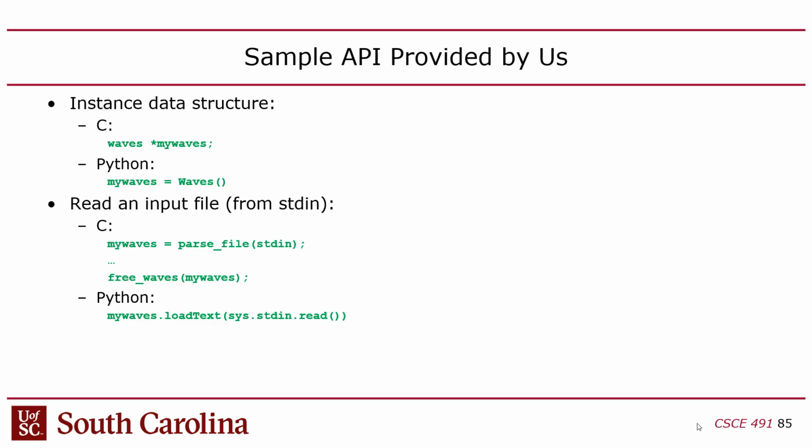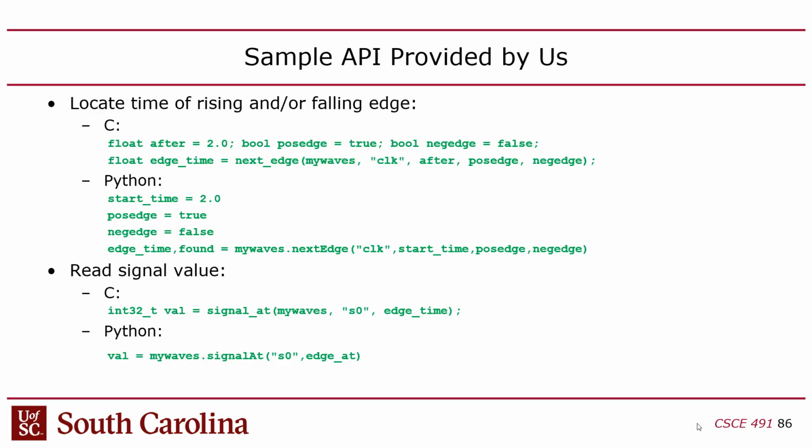Okay? So that sets it up. Then once you've done that, there's really just two functions you have to worry about. There's a function called nextEdge and a function called signalAt. NextEdge is going to return a time. It's going to return the time of the next edge of a signal starting at a certain time.